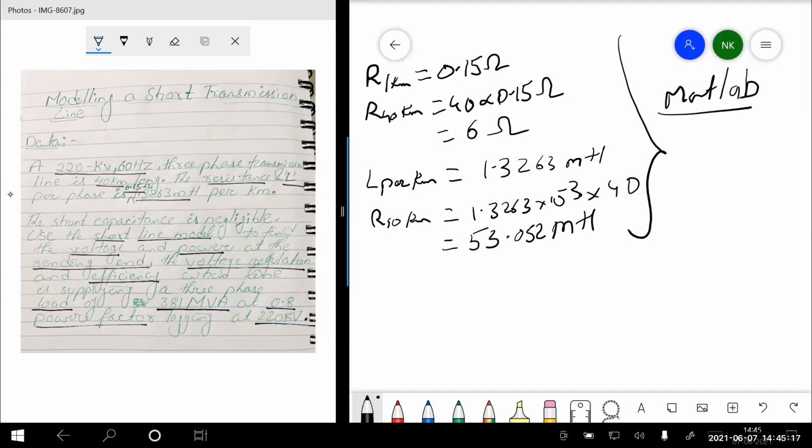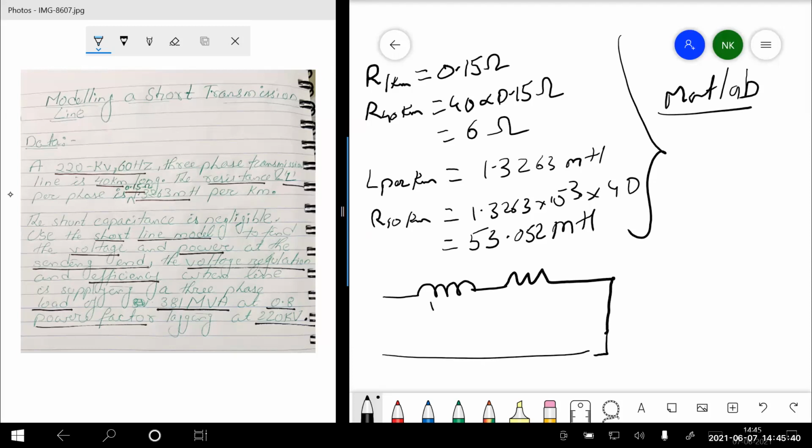These data would be used directly in MATLAB. For solving it theoretically, what you have to find is Z. These resistance and inductance are lumped to form this kind of transmission line.